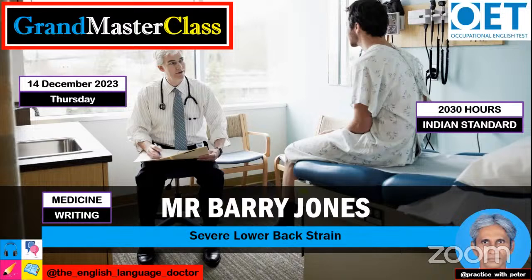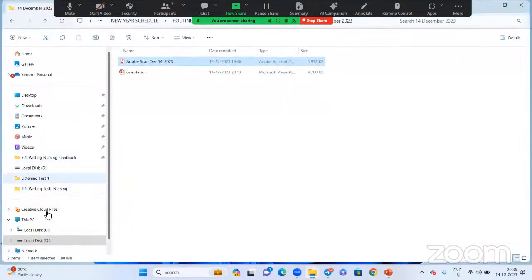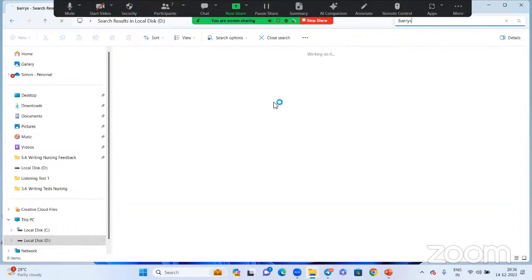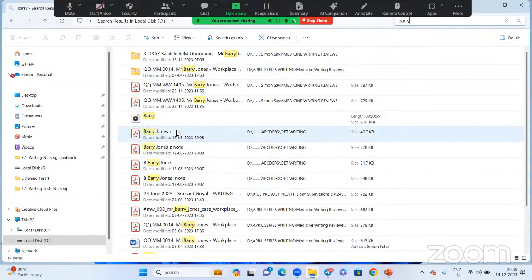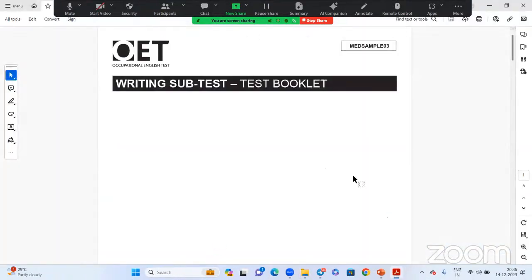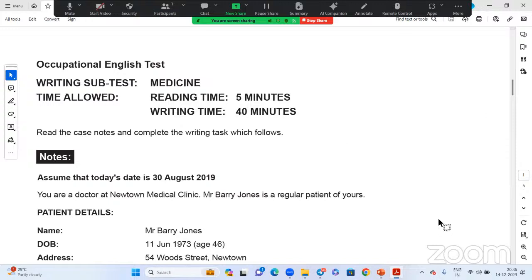We are focusing on how to write sentences. Yes, here we have the case notes.